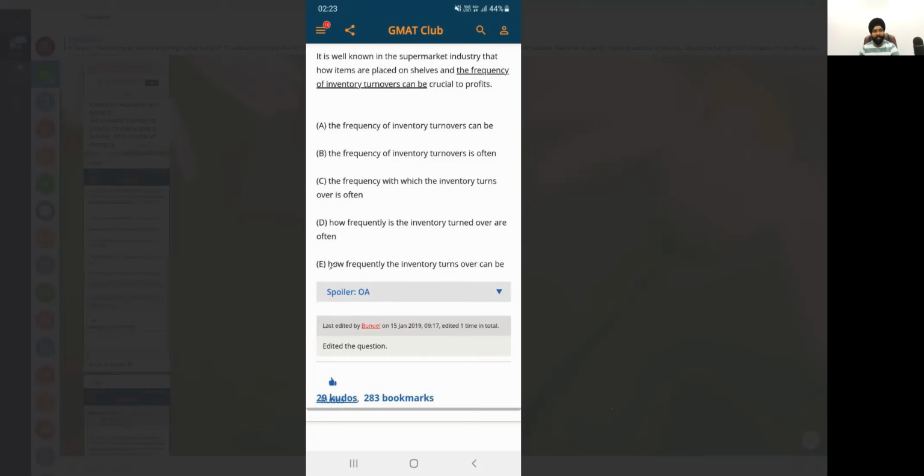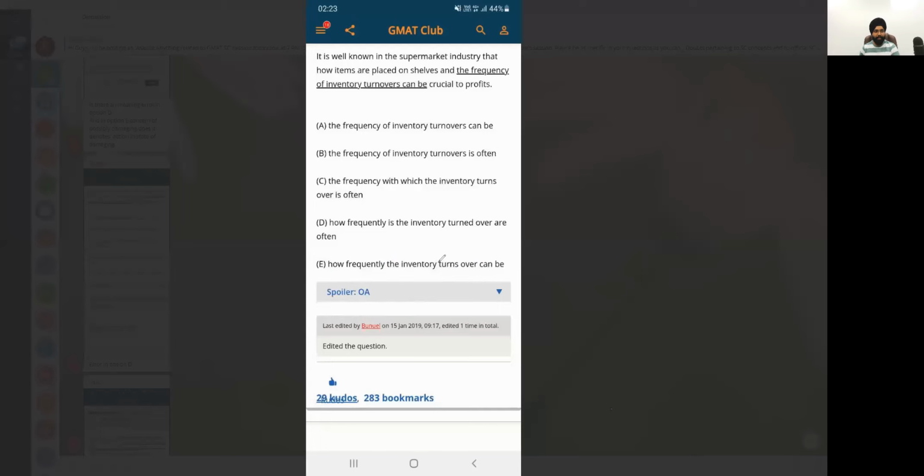How frequently the inventory turns over can be crucial to profits. So this is the subject. This is the verb. Sorry. How frequently? Okay, this is a mistake.